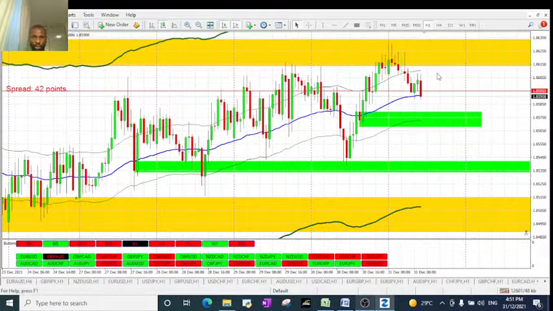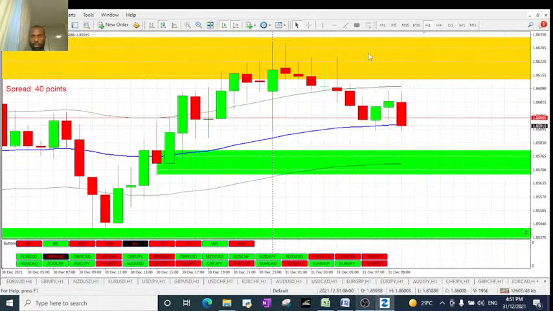How I'm going to enter this trade though is once the candle closes. This is pound Australian dollar. What was the spread? 1.2 pips on my one, 2 pips on IC Markets, my platform.